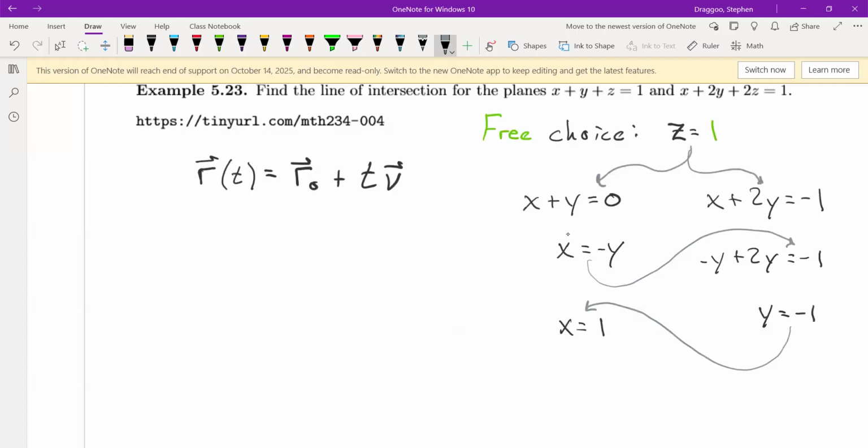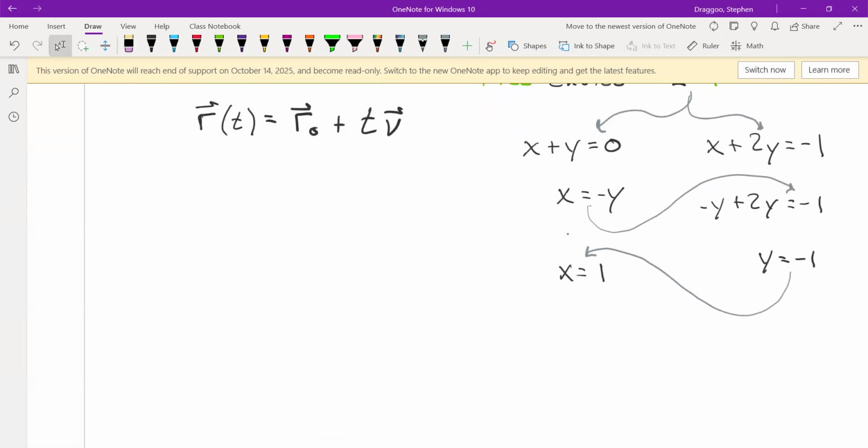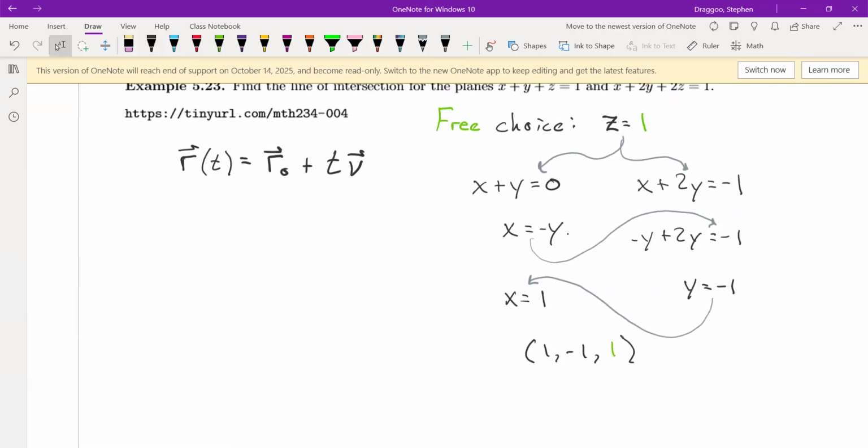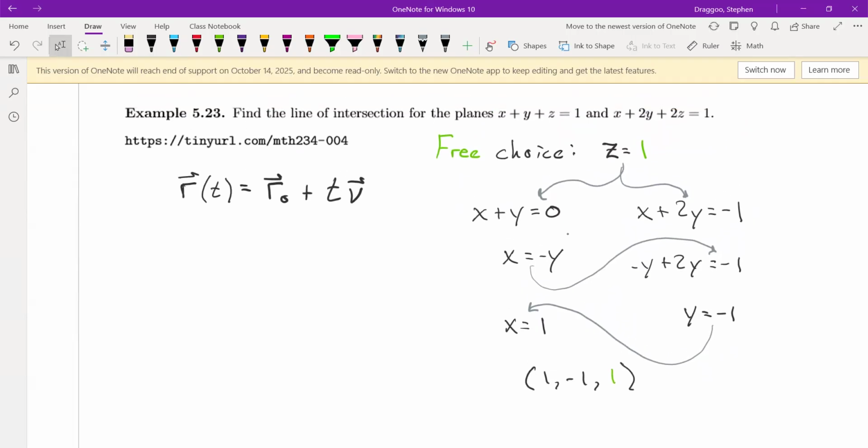I'm just drawing in some arrows to explain my thought process there for solving that system. So I end up with a point, and that point is 1, negative 1, 1. So that point lies in both planes, which means it must be on the line of intersection.